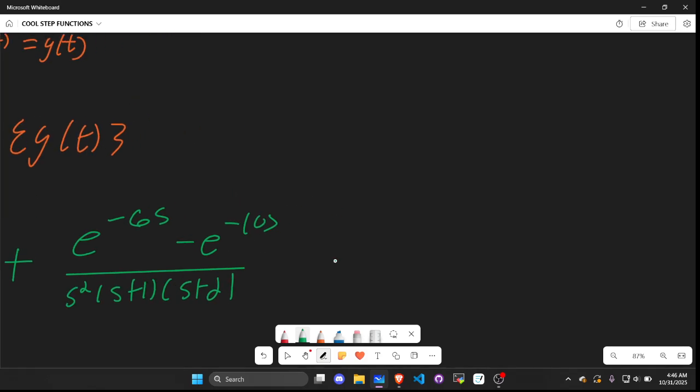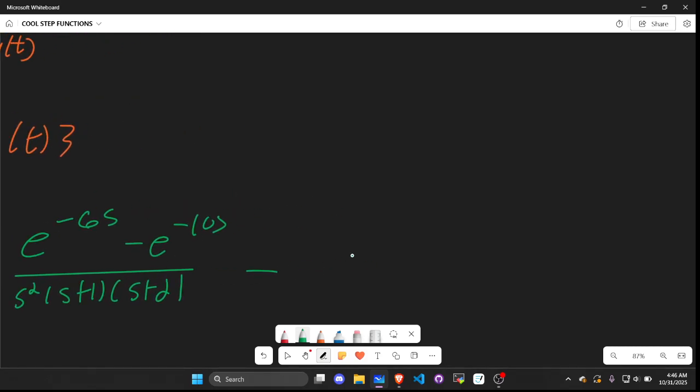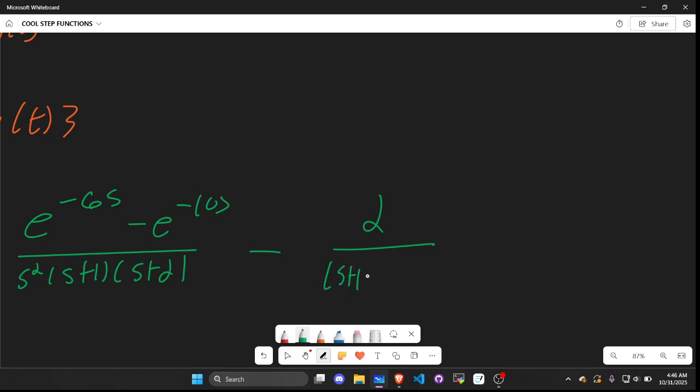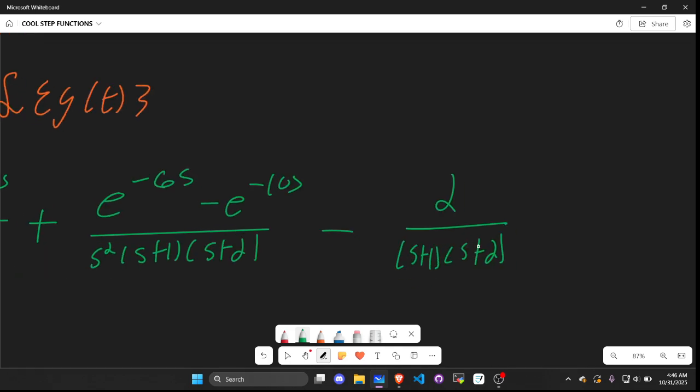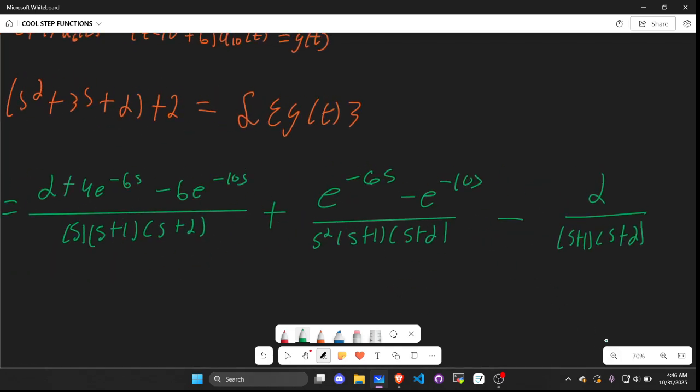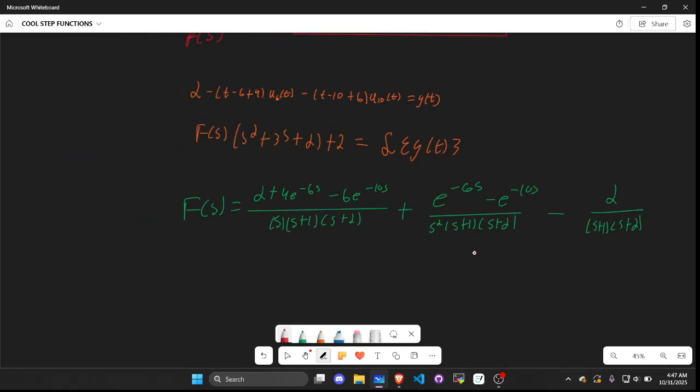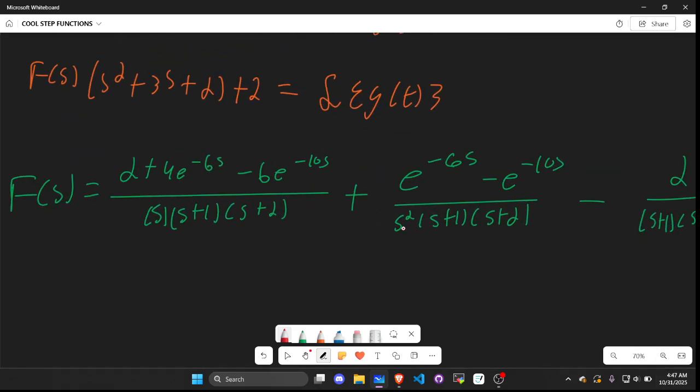And then we're also going to subtract 2 over s plus 1 times s plus 2. This derivation, you could definitely get it yourself. It's just a little tedious, and the partial fraction decomposition is tedious enough. So I'm just going to keep my work there.